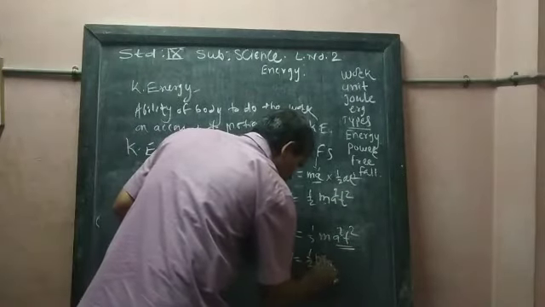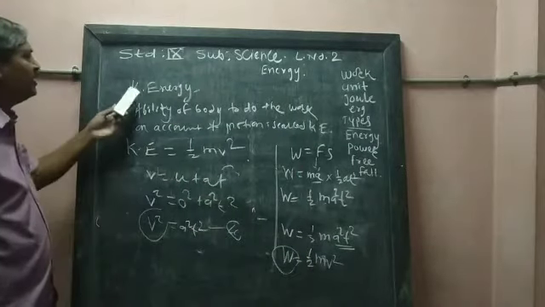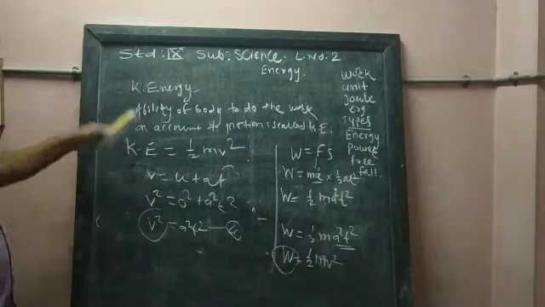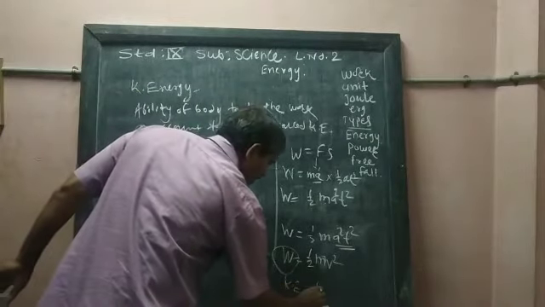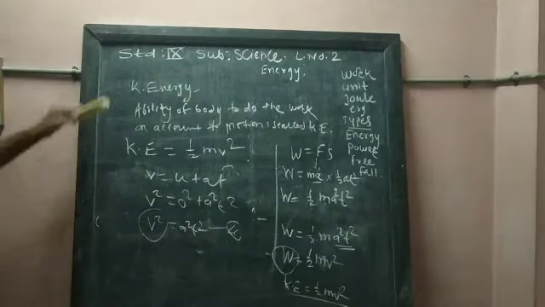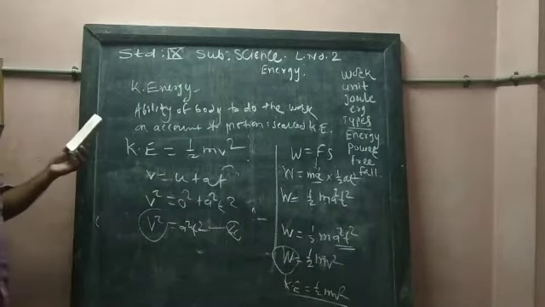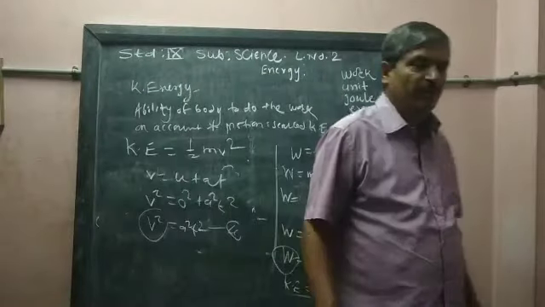Therefore W is equal to half mv square, and W means the ability of the body to do the work, that is kinetic energy. Thus kinetic energy is equal to 1 upon 2 mv square is the formula. By this way the formula to calculate kinetic energy is derived.